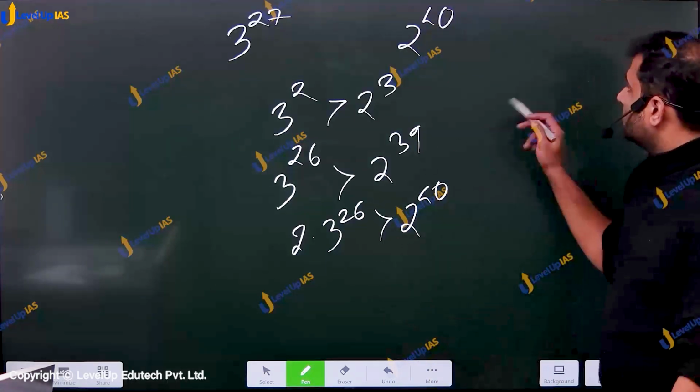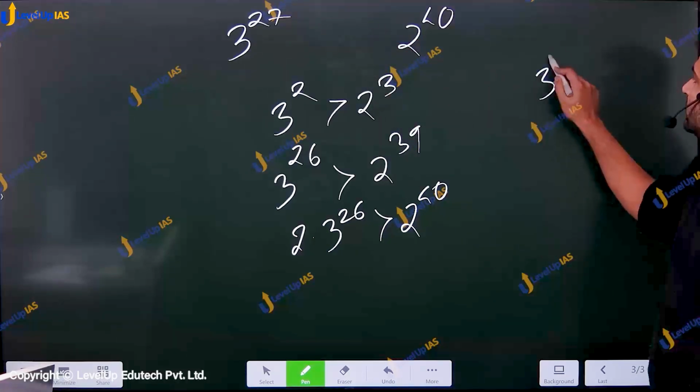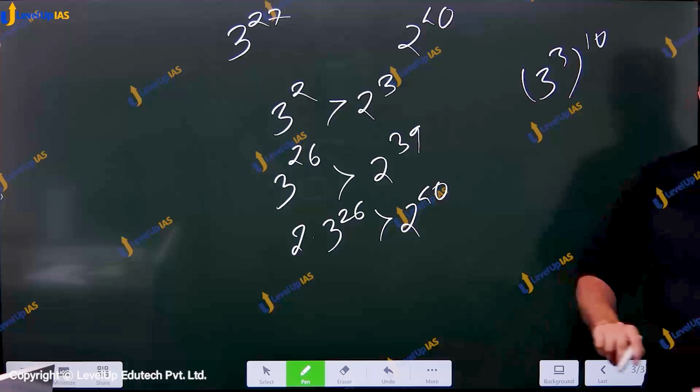No, no, no. This is how is that raised to 10? 3 raised to 3 raised to 10 क्या होता है? So that is 27.